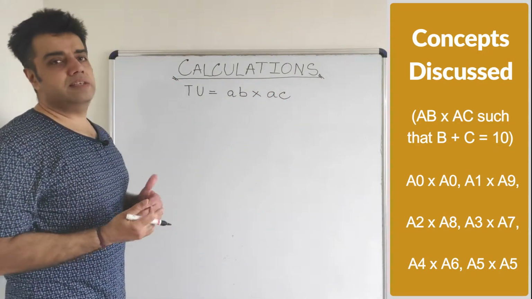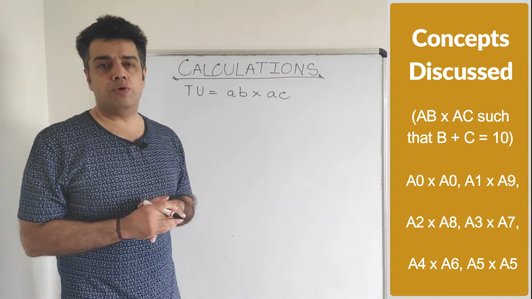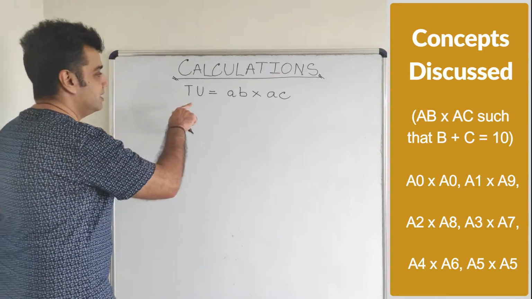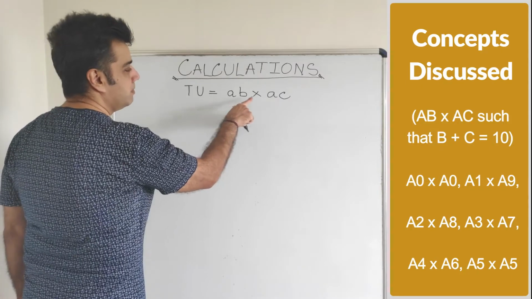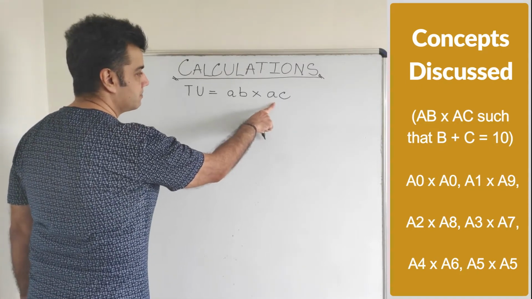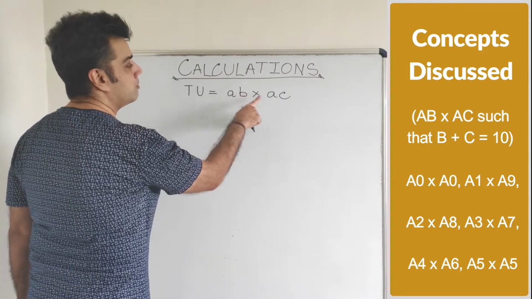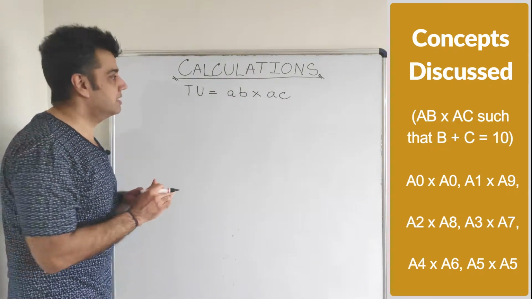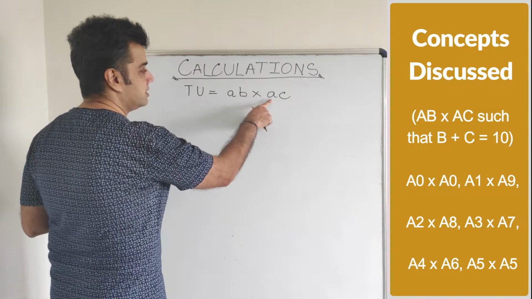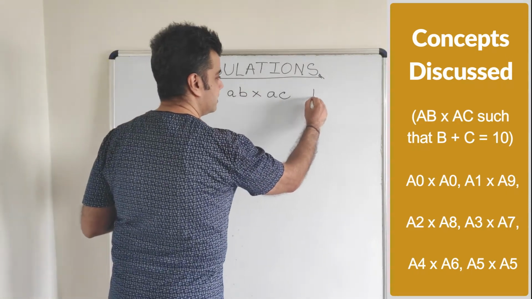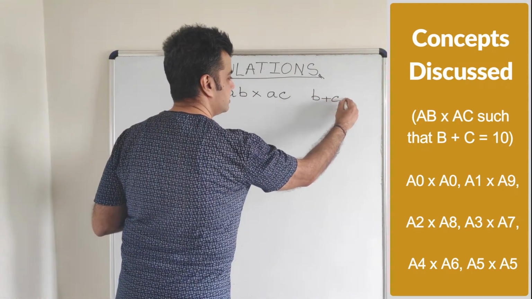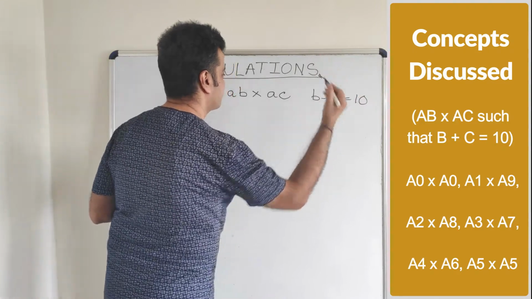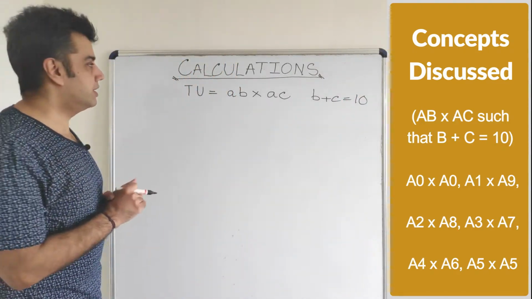When we call this a special multiplication, what I mean is that we are multiplying two different numbers in which the common part is their tens placed digit, which is A in this case, and their units digits are B and C, such that the sum of the units digits is equal to 10. This is what I am basically referring to.